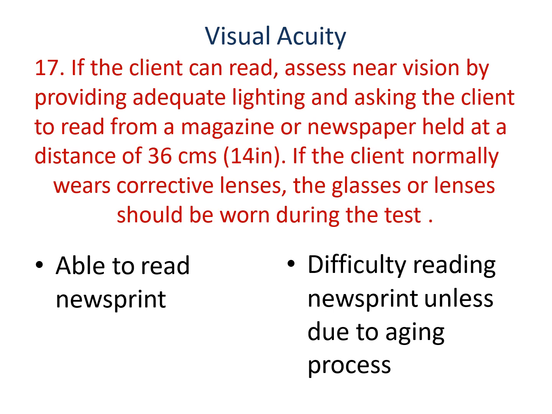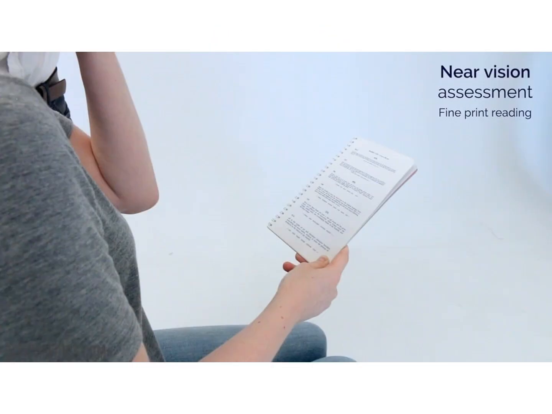Then ask the patient to read. Normal finding is, of course, that the patient is able to read the newsprint without difficulty. Difficulty in reading newsprint, unless due to the aging process, may be documented as an abnormal finding or poor vision. This is how you do the near vision assessment, sitting 14 inches away from the eyes.